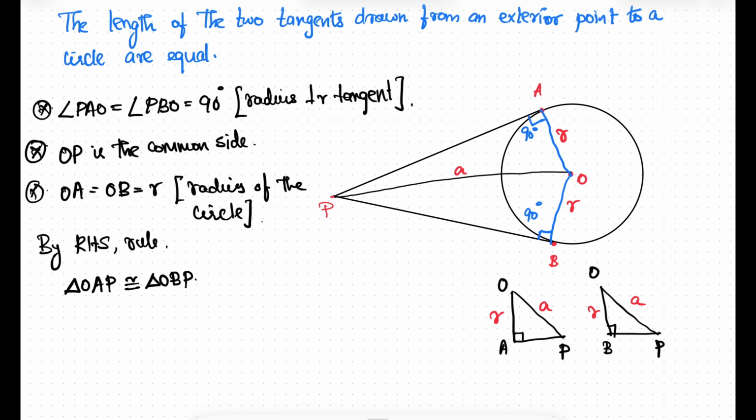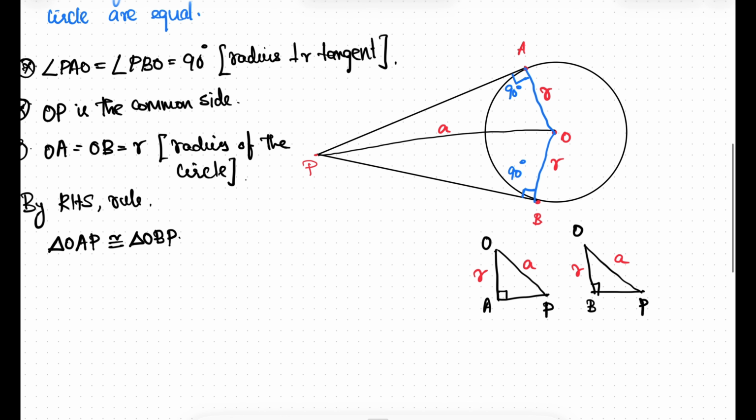Now what do we mean by the RHS rule? Let me explain it to you through this particular triangle. The RHS rule is the right angle, hypotenuse, side rule.